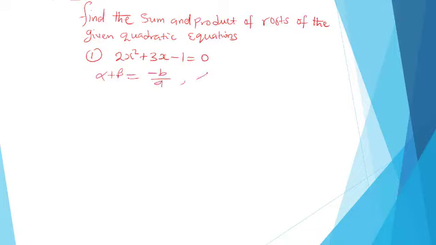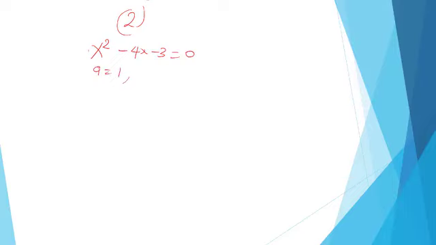X squared minus 4x minus 3 equals 0. So let's start. Our a here is 1 because 1 is attached to here. Our b here is minus 4, and our c is minus 3.